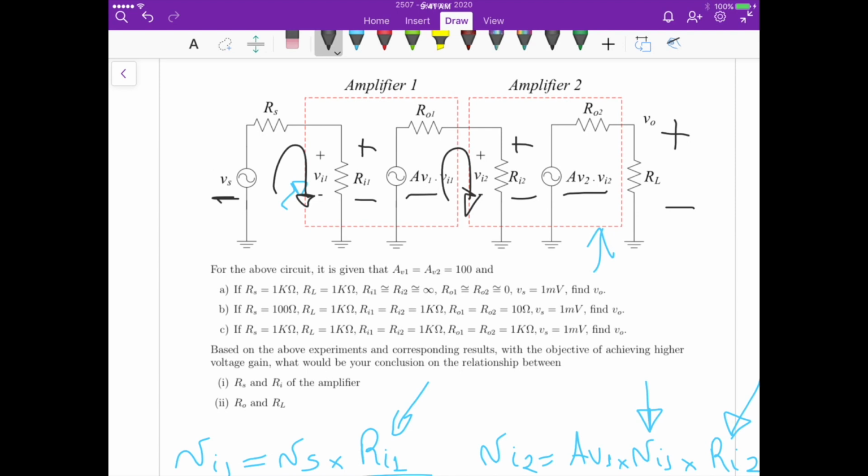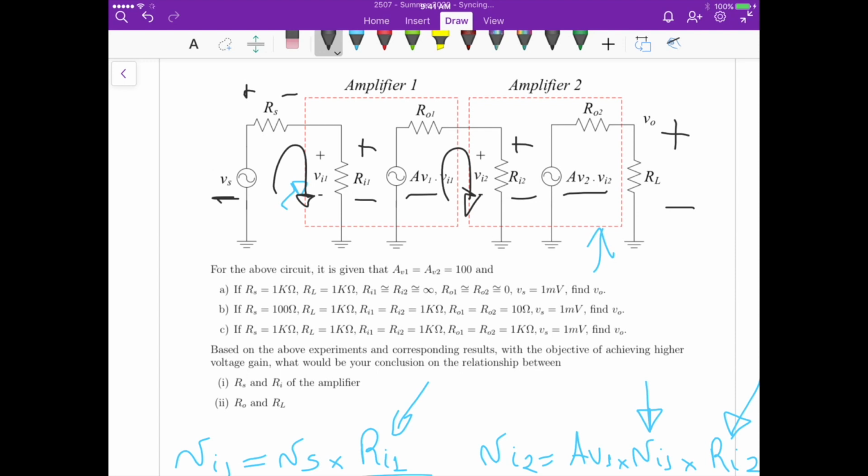Now, if Ri becomes finite and Rs is very high, we start to have more voltage being dropped across Rs. So we are losing power, dissipating heat in this source resistance.